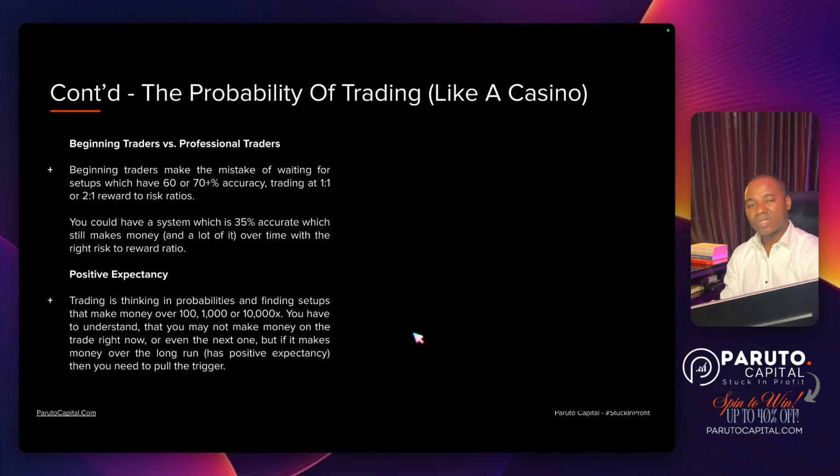So if I take 1,000 trades and I win 500 of those trades, let's assume that I risk $1,000 per trade, and out of 1,000 trades I win 500. That would be 50%, right? Now, I won 500 and I lost 500, which would mean that I lost $500,000.